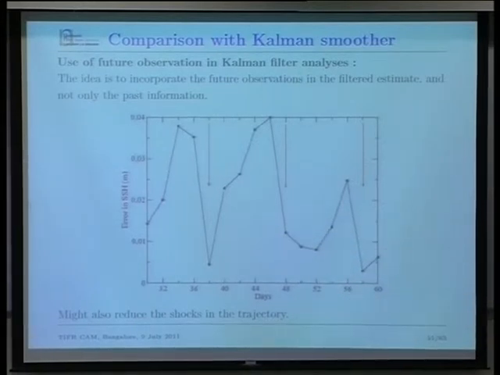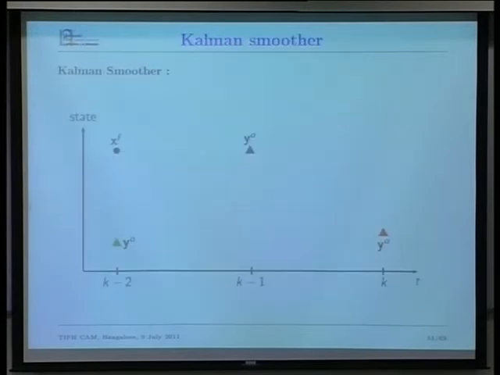If you look at the solution and not only at the root mean square error, you will see that you can get some shocks, and you may have some waves in the few time steps after. So it's not good. So the idea of the Kalman smoother is to try to reduce this, and also try to use future observations and not only past observations.